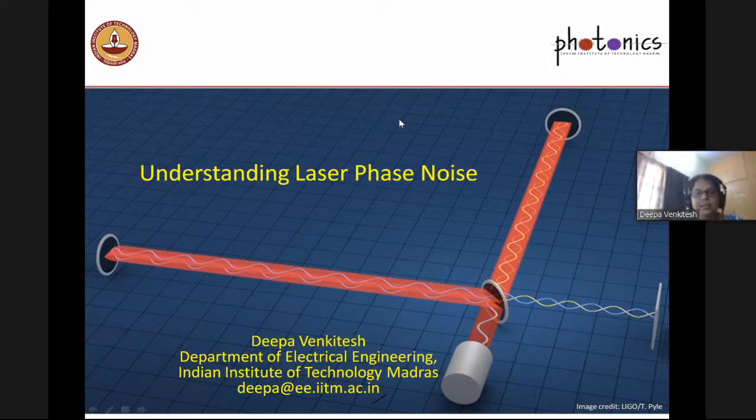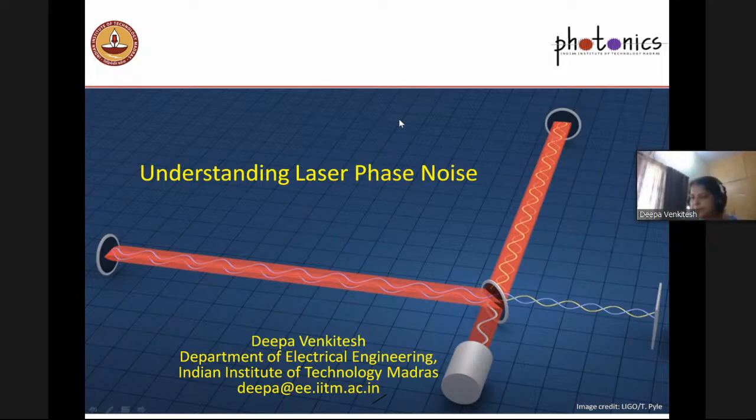The picture that I've shown you here is that very familiar picture of the LIGO interferometer. It is just a schematic of the LIGO interferometer, and you see that there is a source of light, and this is a Michelson interferometer.